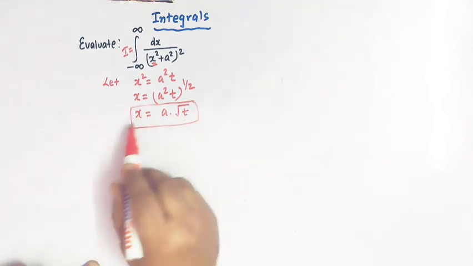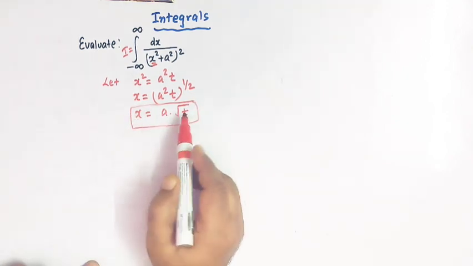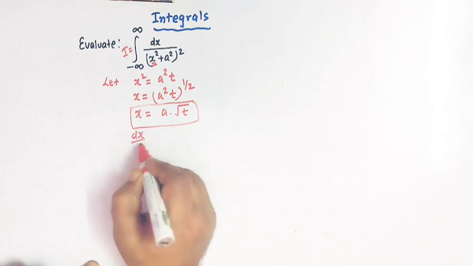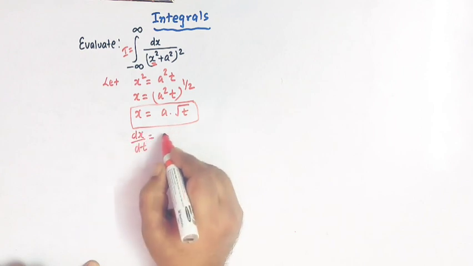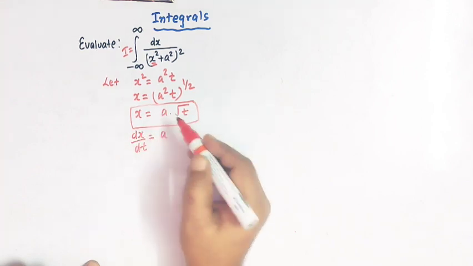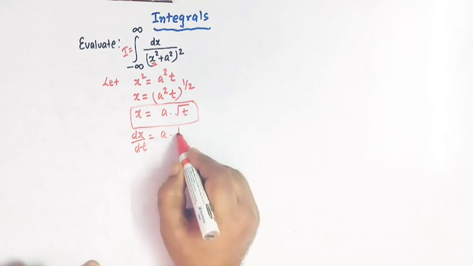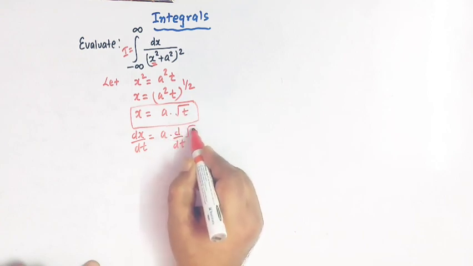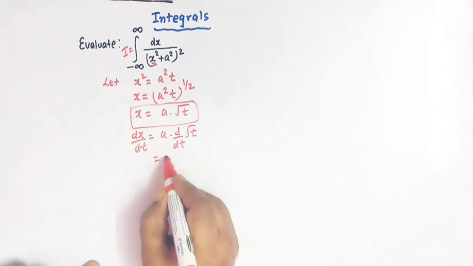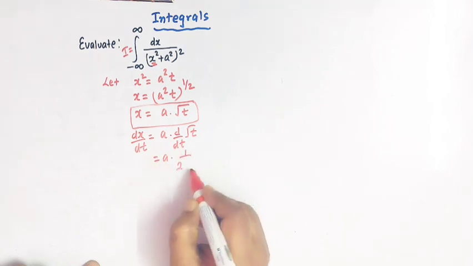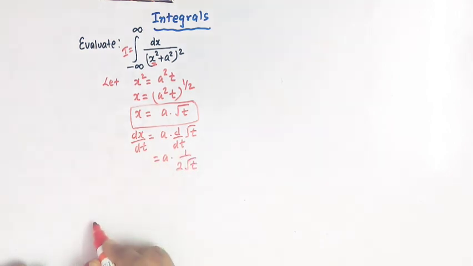Okay, now let us differentiate x with respect to t. So we have dx over dt is equal to a, being constant, times the derivative of square root of t, which is 1 over 2 times square root of t.